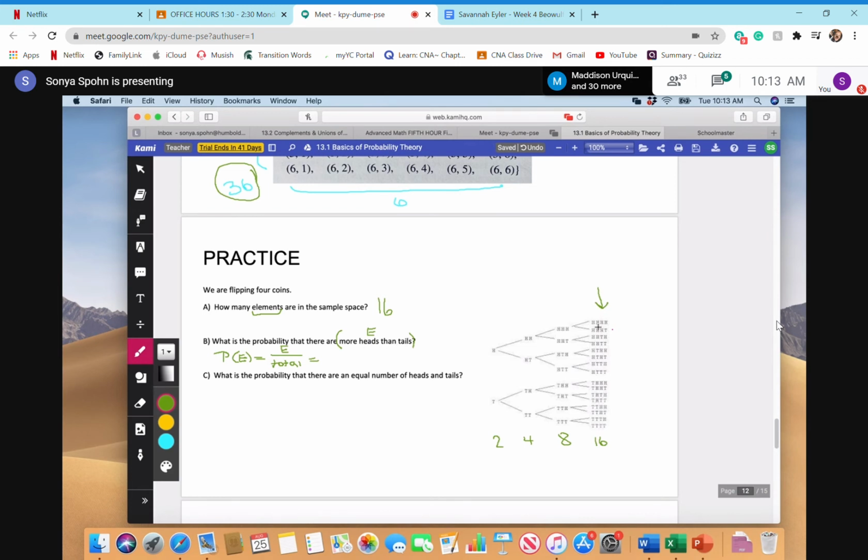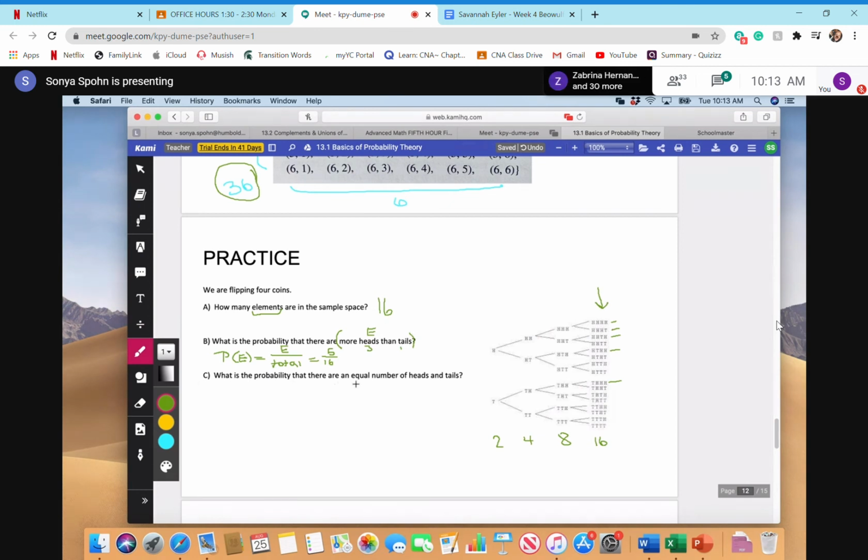Well, that means 3 heads and 1 tail. Let's see. At least 3 heads and 1 tail. So we got 1, 2, 3, 4, 5. 5 of them, right? Everything else doesn't work. So there's 5 outcomes that have more heads than tails. How many outcomes were there? 16. So 5/16 is your probability.